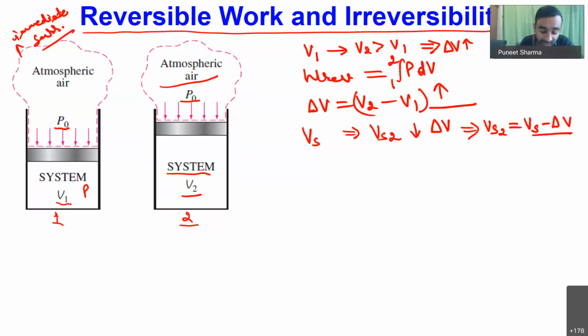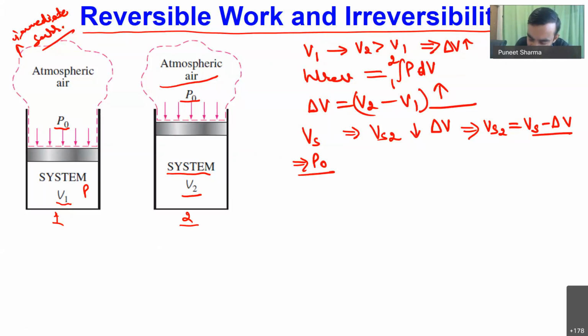And one more important thing: while this immediate surrounding is decreasing its volume, its boundary is contracting, and at that time a constant pressure is acting on the boundary of the immediate surrounding. What is that constant pressure? That constant pressure is equal to P naught.